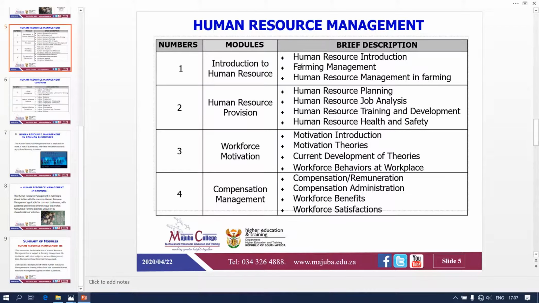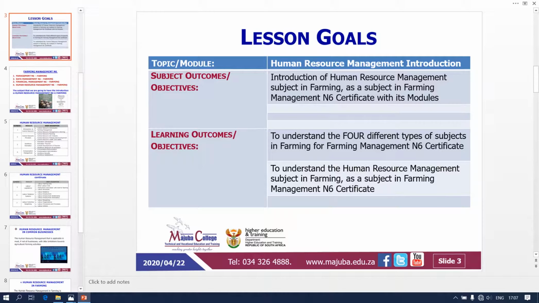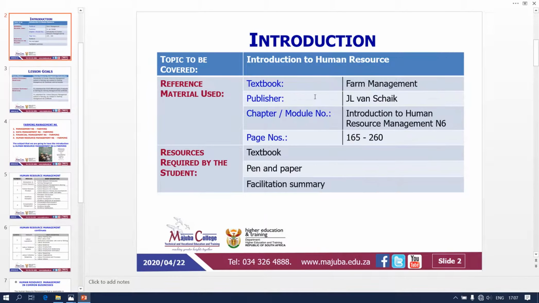All will be in module 1, lessons 1, 2, 3, and then we will move forward with the other modules. Okay, this is the subject that you now know. These are the subjects that you need to have in order to complete the certificate. And the book starts at page 165 to 260, together with the facilitation summary designed by Mr. Ngubo.